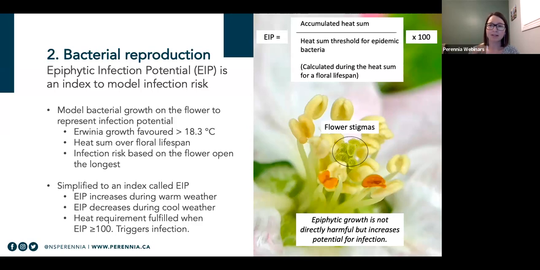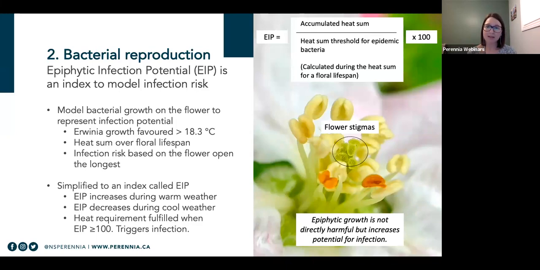So once the accumulated heat sum is equal to the threshold heat sum, you would reach 100%. So the EIP would be 100. And that would mean that you have the potential for an infection. So that's why we're always watching for that EIP of 100, because that's saying we've reached 100% of the threshold.